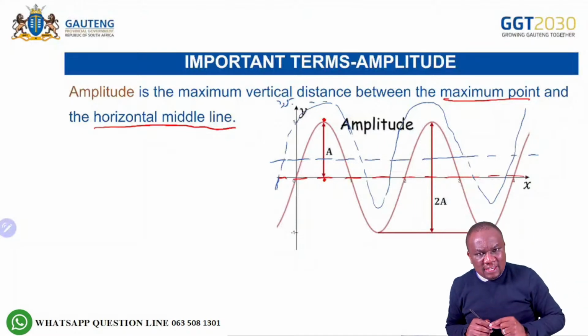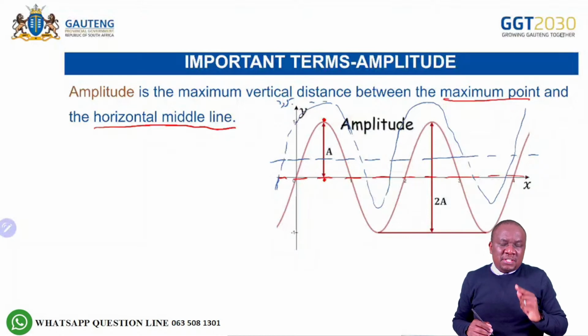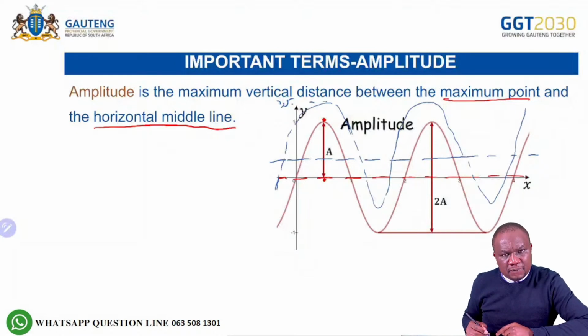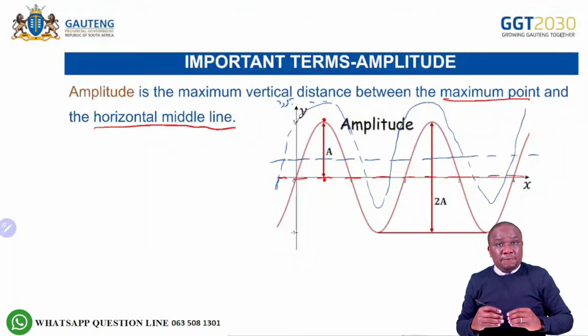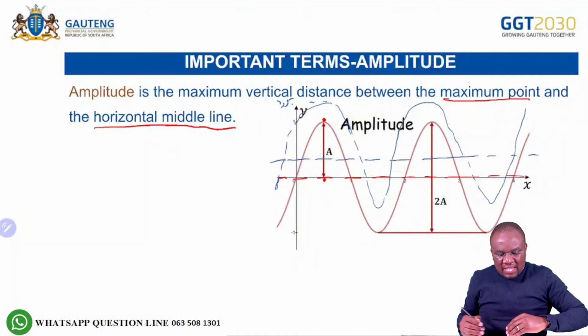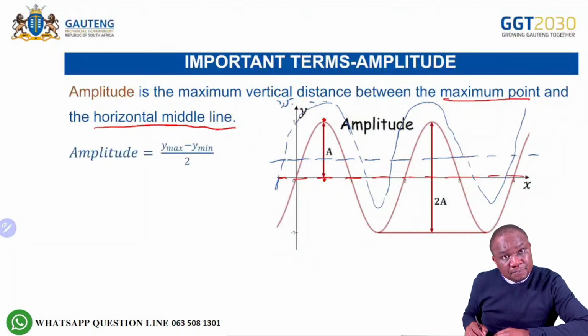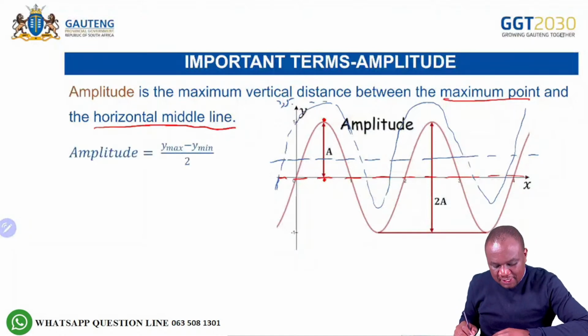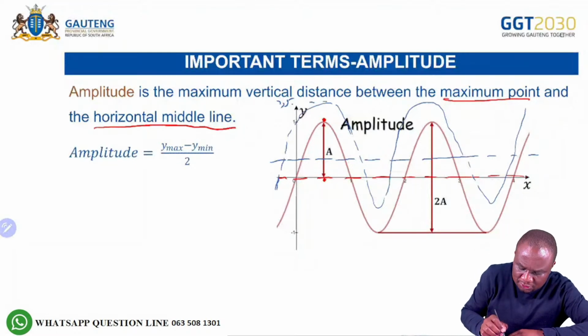So to find the amplitude, I want you to stick to this formula. It's very safe to use the formula, especially after the graphs have been shifted up. So we say y maximum minus y minimum divided by 2. Right, I want you to try this.